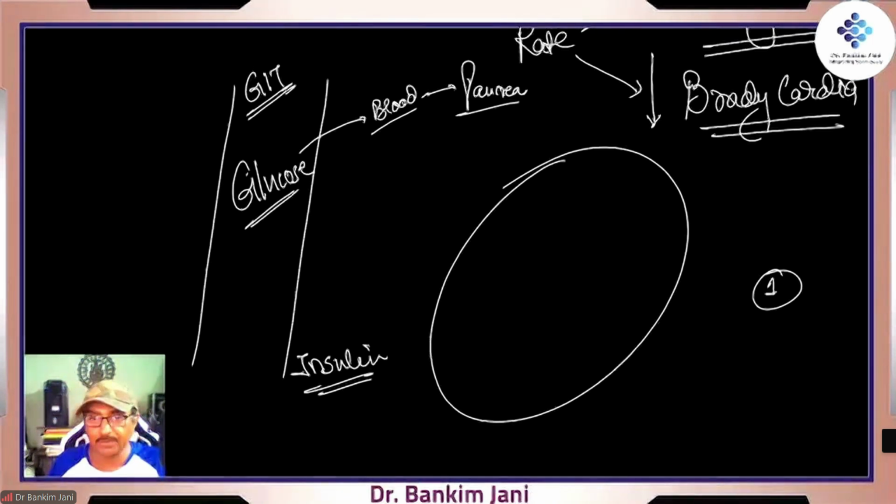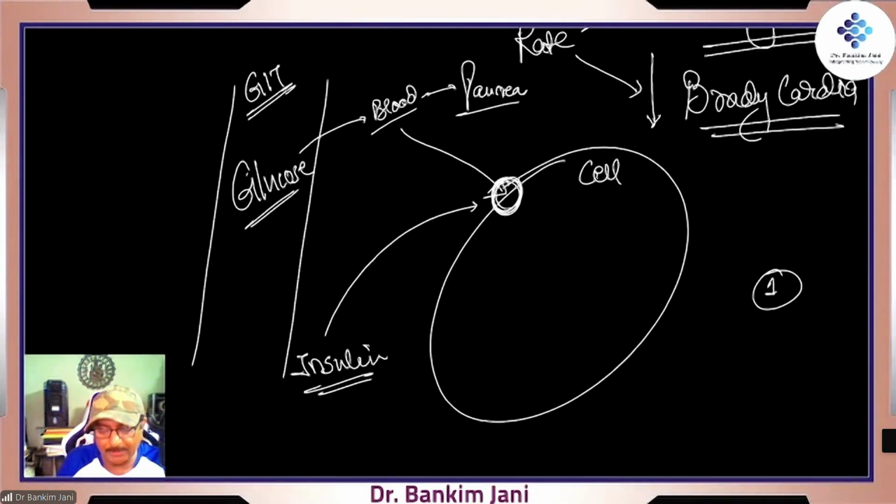Reason? The glucose absorbed into the bloodstream reaches the gate of the cell, telling the cell, "Okay, absorb me, let me come in so that I give you the nutrition." This thing is controlled by insulin, one.